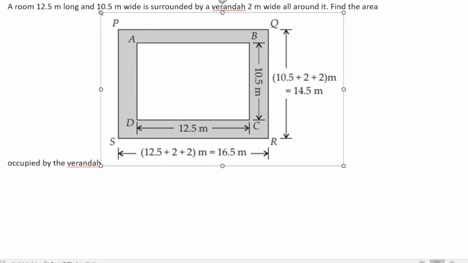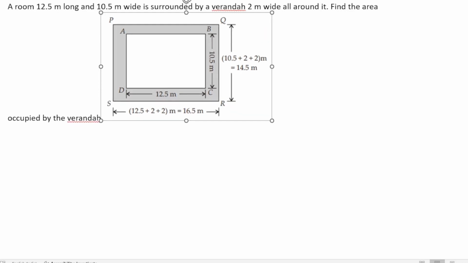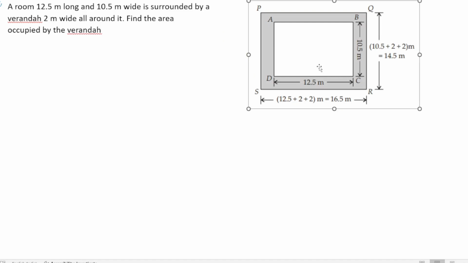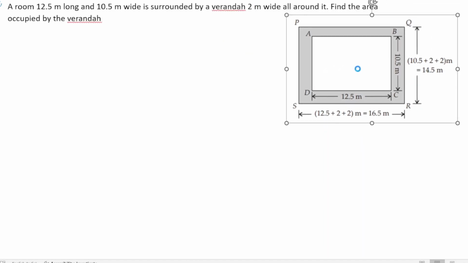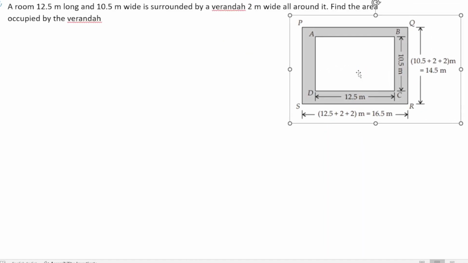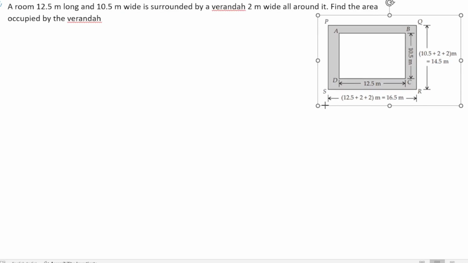So this is the picture of the veranda. Now let us start the solution.